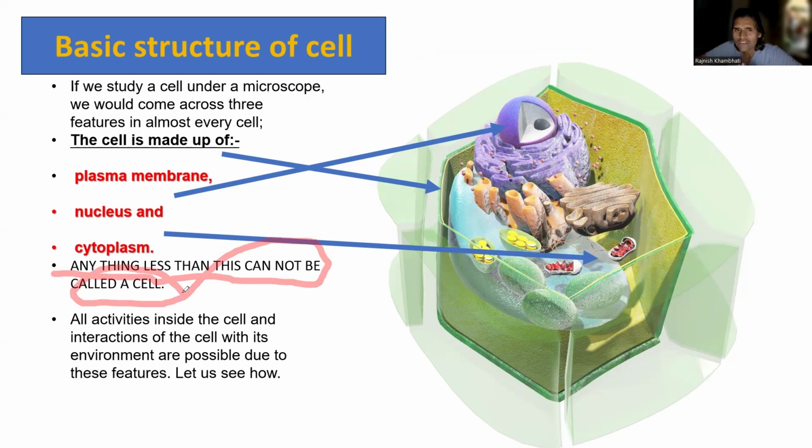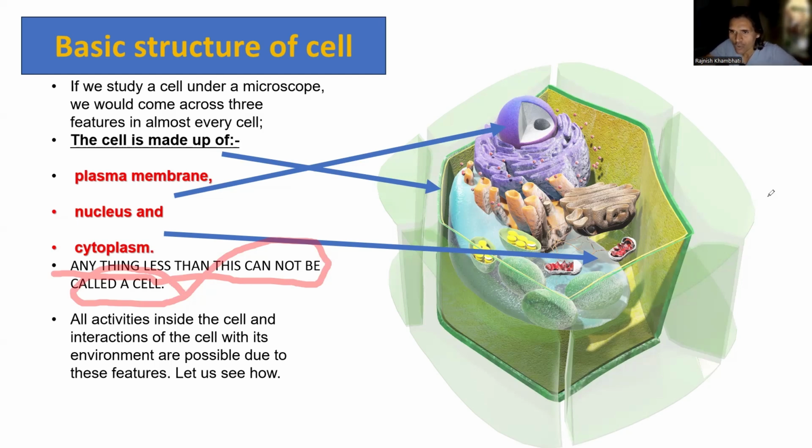For example, if plasma membrane is present, cytoplasm is present, but there is no nucleus, now there are some exceptions, obviously, but normally we do not call it a cell. Cell means it must have all three structures, but science and biology always have some exceptions.